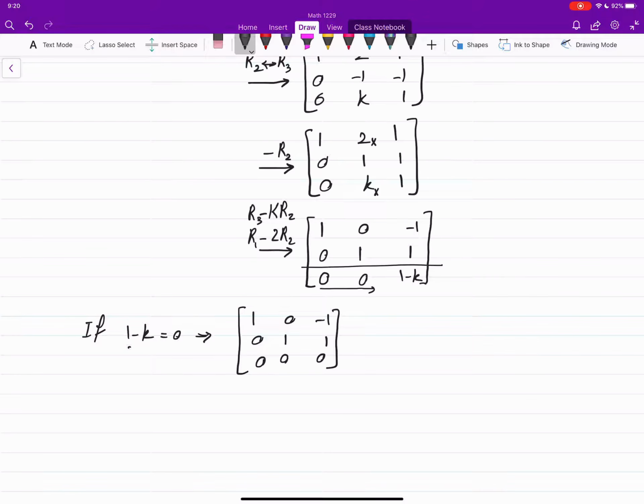We assume that 1 minus k is 0. So this is the row reduced echelon form, and it is not the identity. So it means that for that value, A is not invertible.